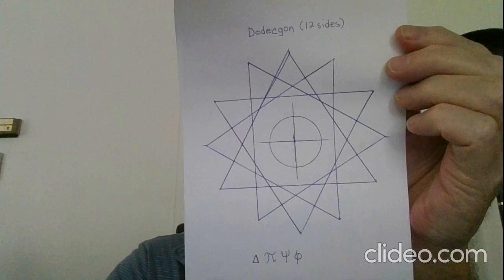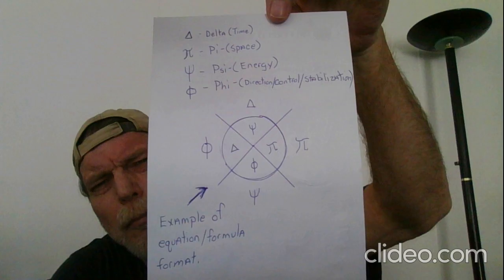So that's this image, this geometric shape, and what you see here represents a temporal process. This 12-pointed image, and what you see in the center there, is a formula, an equation, a quantum function. It's a temporal quantum function. It represents delta. Okay?